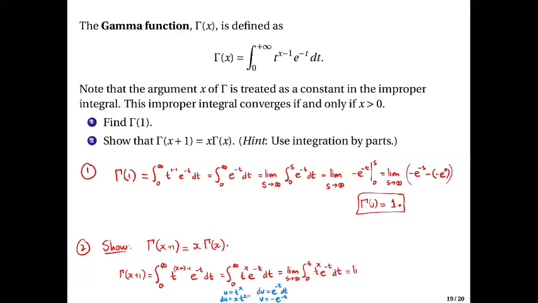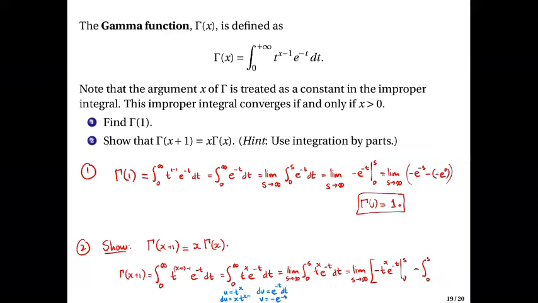So this becomes limit as s approaches plus infinity of the quantity uv, so this will be minus t to the x e to the minus t, minus the integral from 0 to s. By the way, in here we evaluate this first guy from 0 to s.